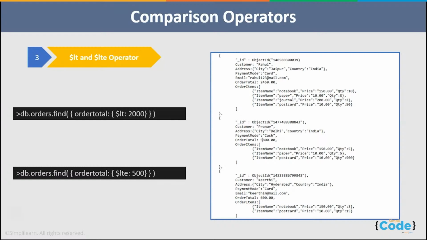Oh, I'm sorry, less than or equal to 500, right? So we don't have any document of customers whose order total is less than or equal to 500. Sorry, pardon me for my mistake, I didn't check. So it will basically retrieve a null value.